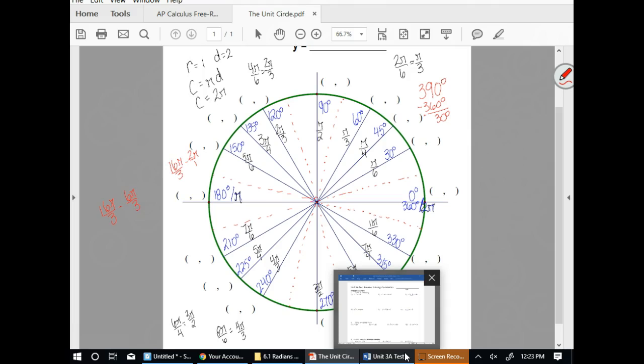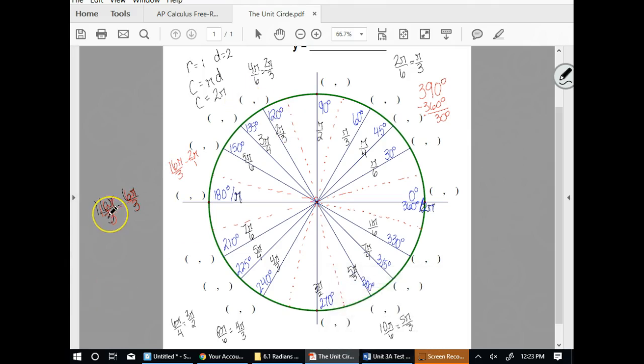You cannot see that in that gray. This black will show up. Right. So I could subtract those. I'd get 10 pi over 3. That's still not on here, right? So I could subtract another full rotation. So I could subtract 6 pi over 3 again.